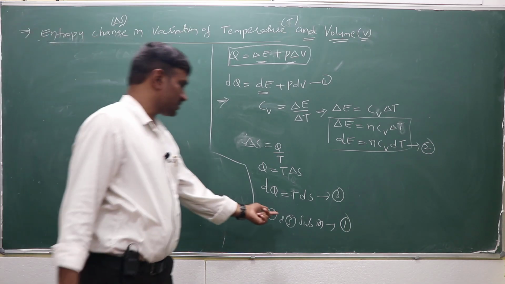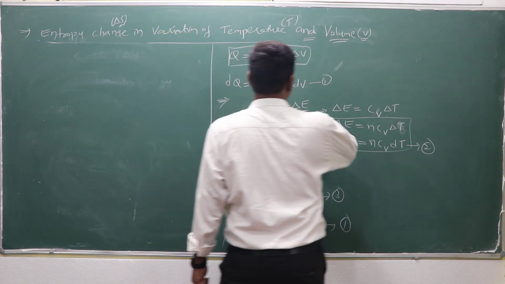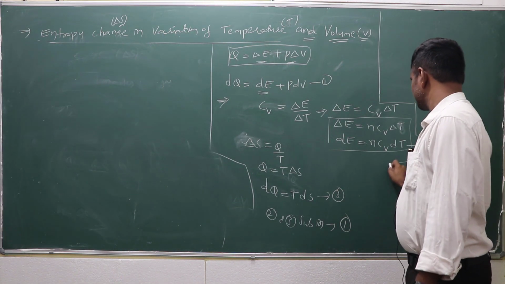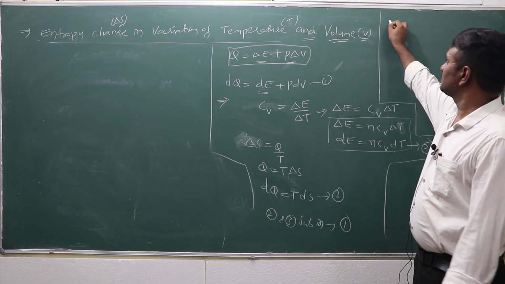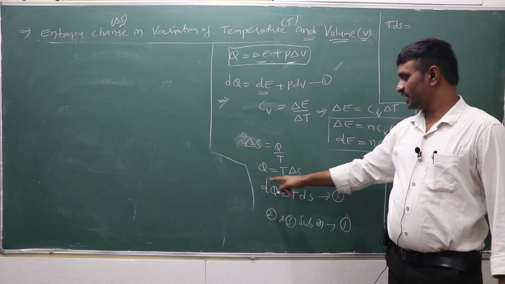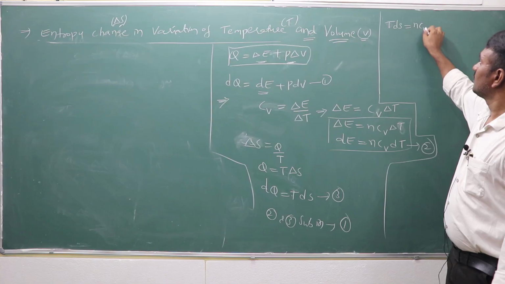Equation 2 and 3 substituted in equation number 1, right? So what will happen? dQ is replaced by TdS.